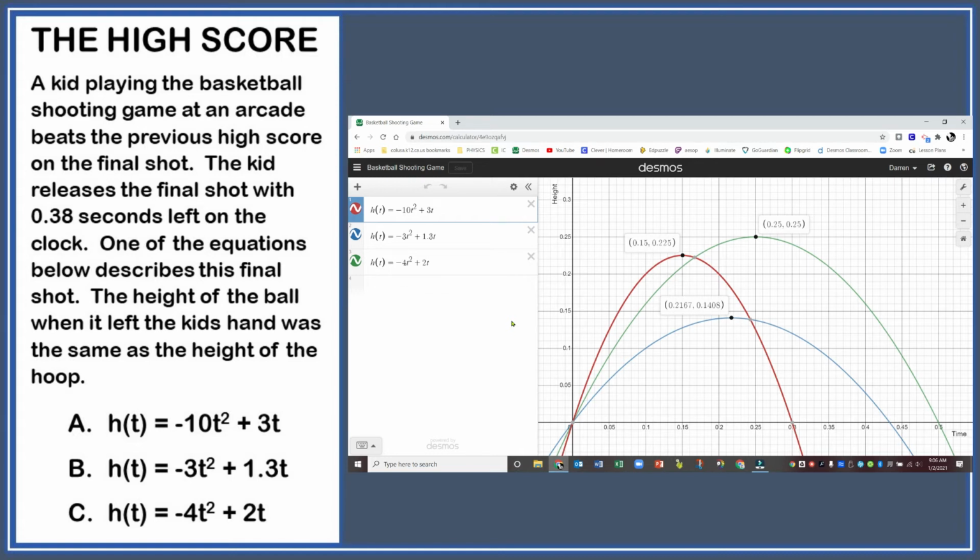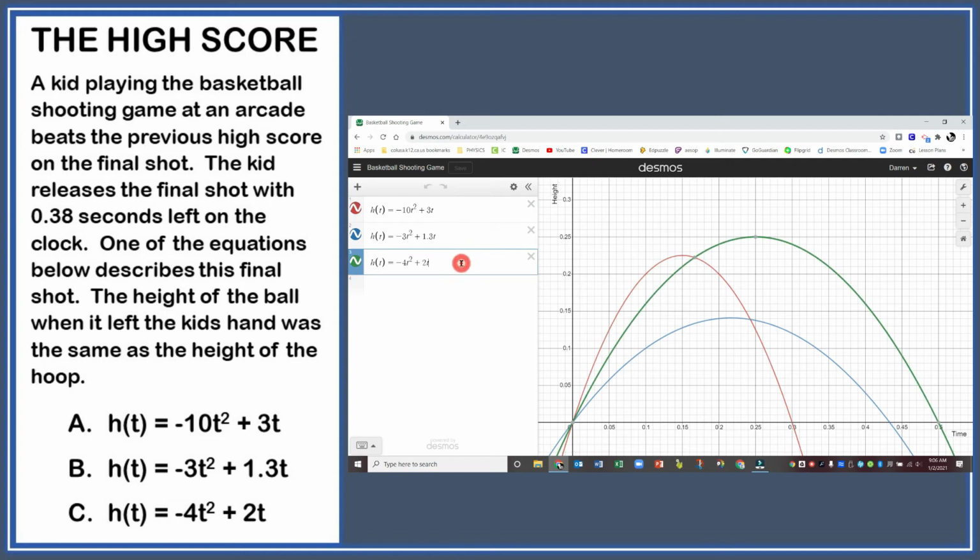Then we know that the other x-intercept has to be less than 0.38 seconds. So as long as we have an x-intercept of 0 and an x-intercept that's less than 0.38, we will have a parabola that could have been a shot that could have gone in time to reach the high score.